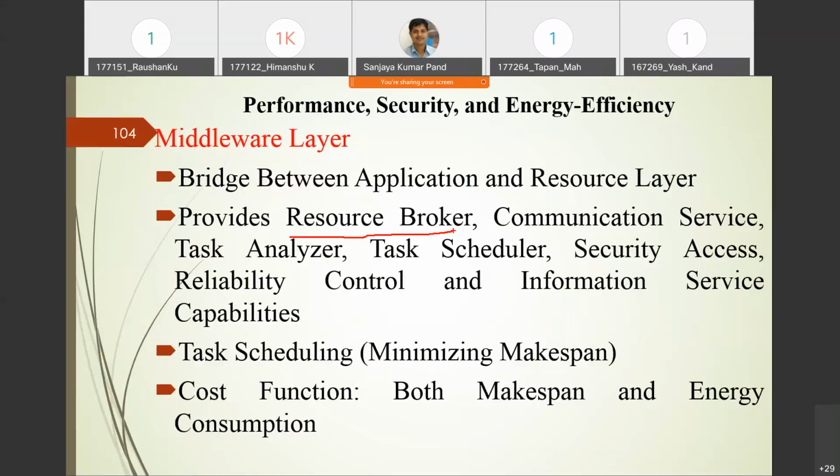That is the responsibility of the middleware layer. So here scheduling comes into the picture, because the number of users is large, meaning the number of tasks is large, and the number of resources is very small.